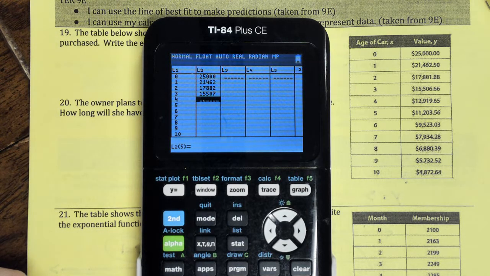Oh, it's rounding. I didn't even catch that. 12,919.65. 11,203.56. 9,523.03. 7,934.28.